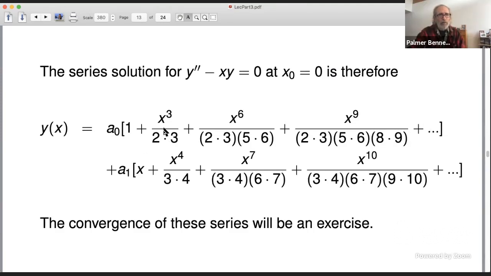So you get one power series that has the factor A naught, the other power series that has the factor A1, okay? And you have to prove the convergence of these 2 series. Like it says there, that'll be a homework problem, to prove the convergence of at least one of these series. But those actually have infinite radius of convergence.